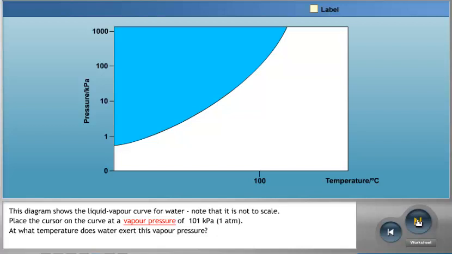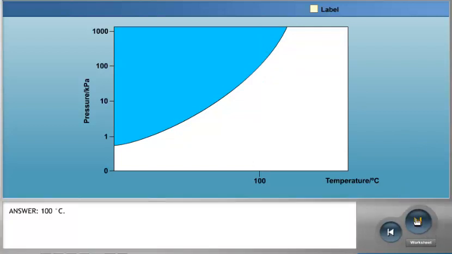Note that it is not to scale. Place the cursor on the curve at a vapor pressure of 101 kilopascals, 1 atmosphere. At what temperature does water exert this vapor pressure? Answer: 100 degrees Celsius.